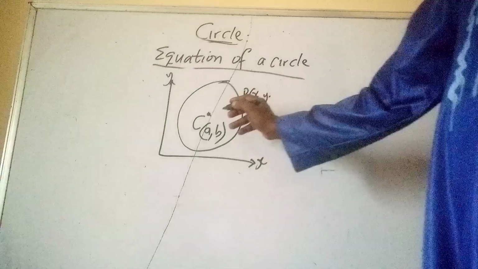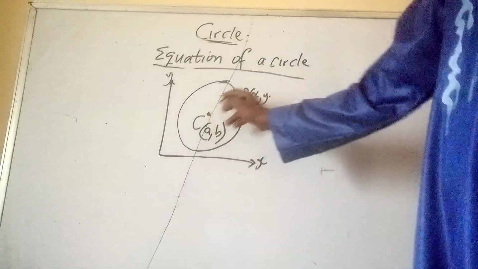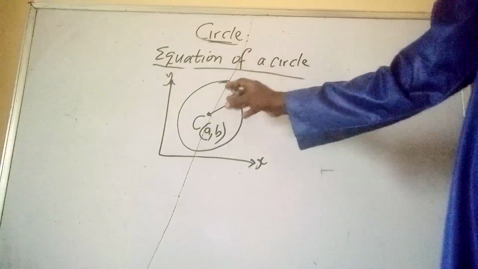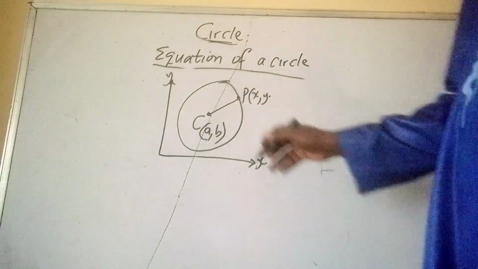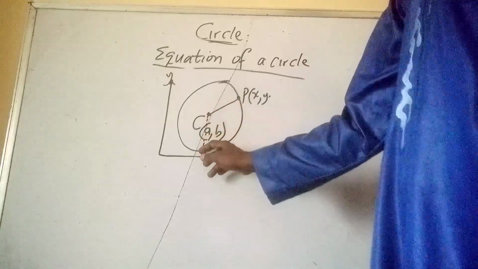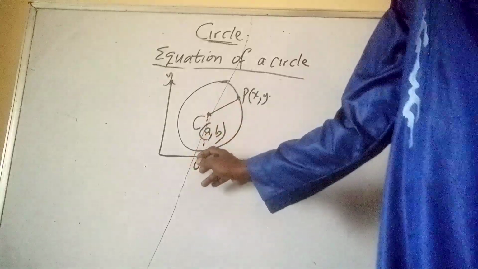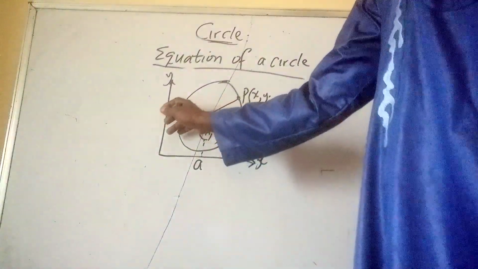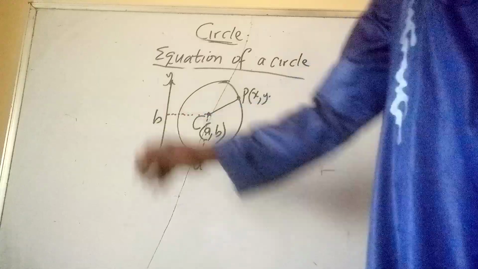So that means if I join this point C to point P, I have eventually drawn the radius of the circle. So if I trace this point to the x-axis, that is where A is, and if I trace the same point to the y-axis, that is where B is.